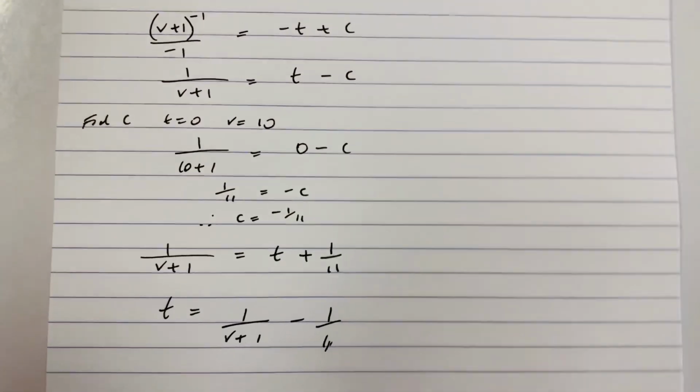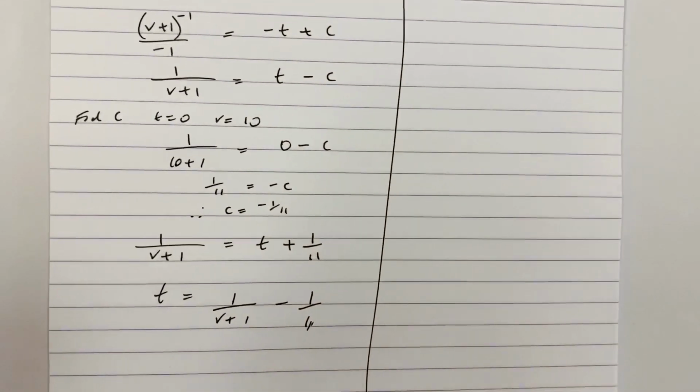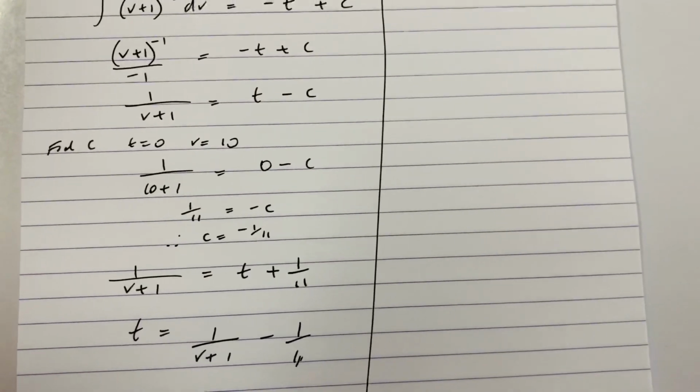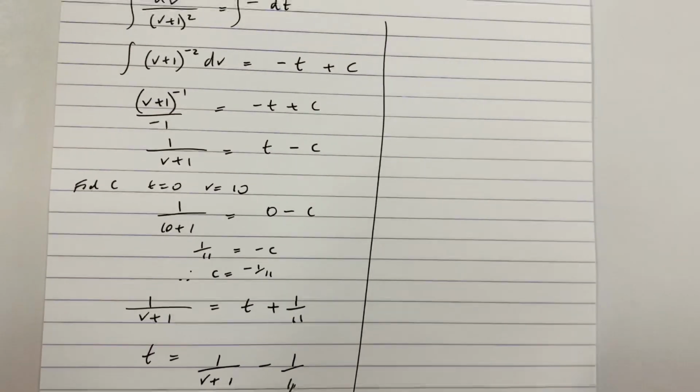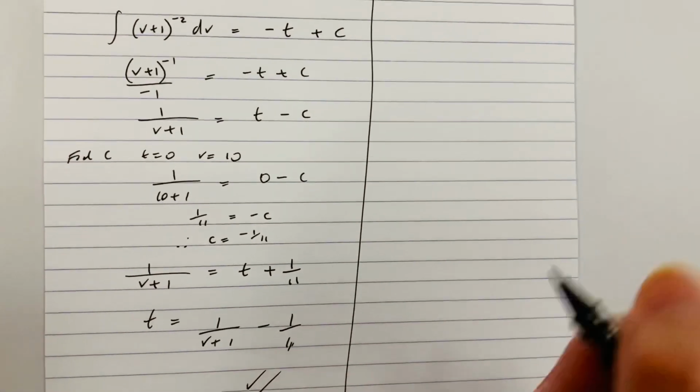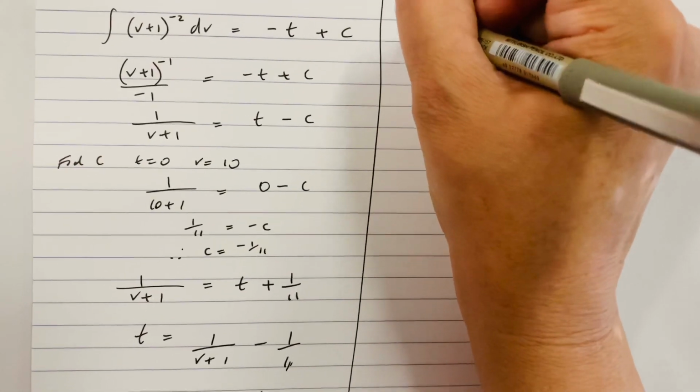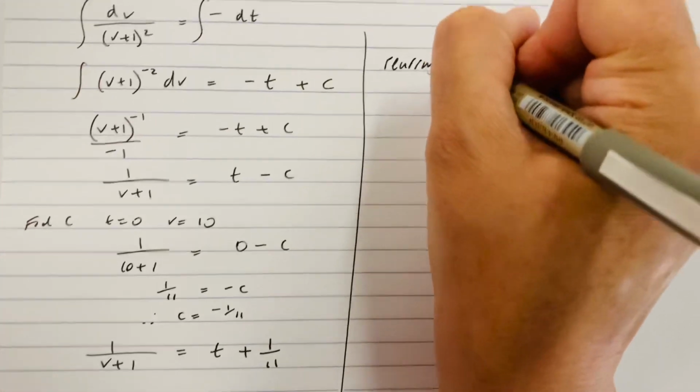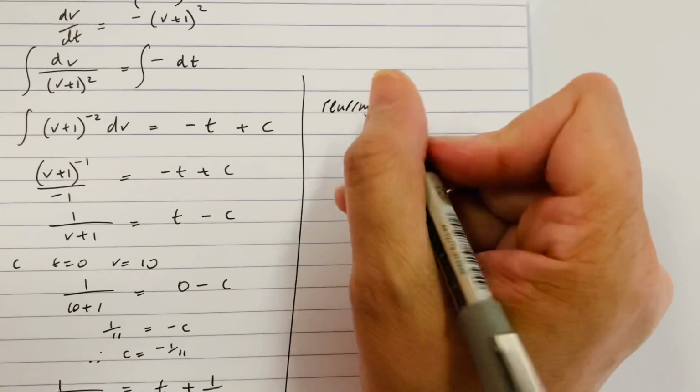I would like, though, often to put it as velocity equals. So how would we rearrange that? This could be marked right, but if you wanted to rearrange, how would that algebra look?